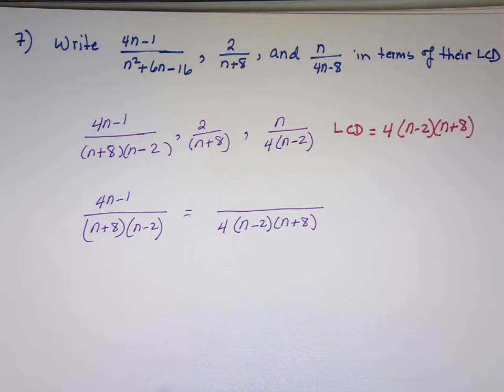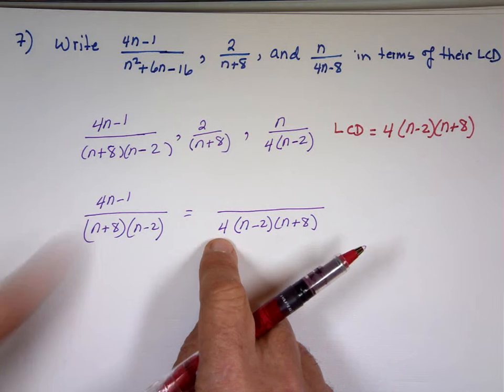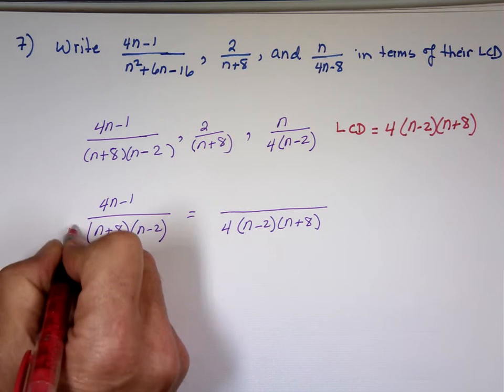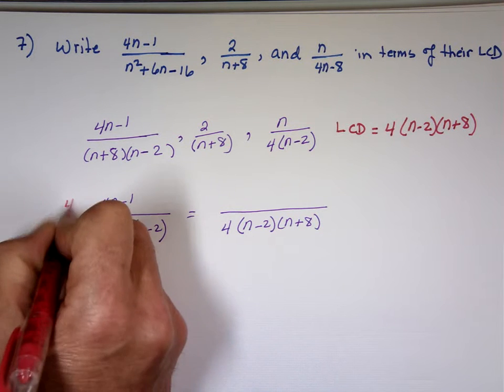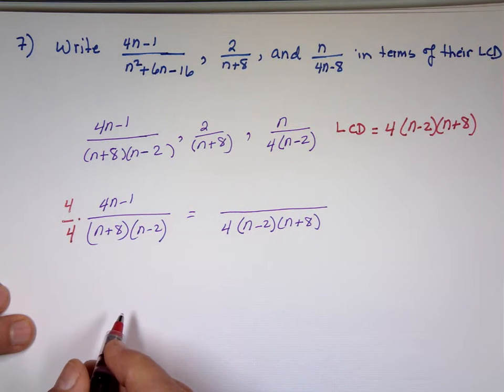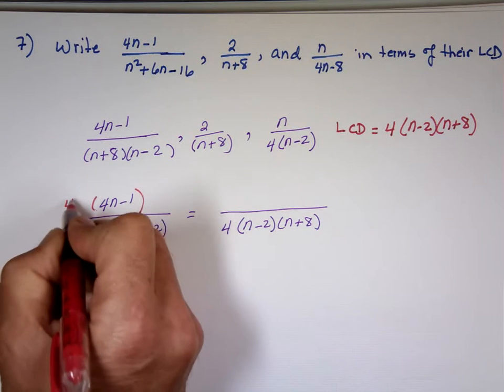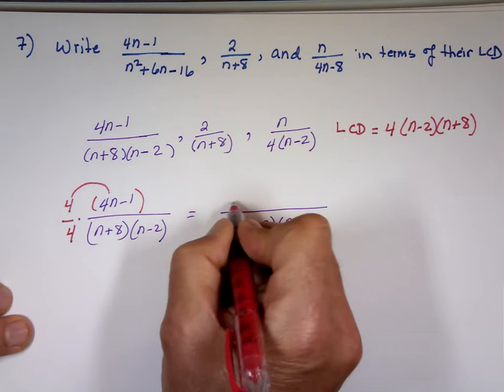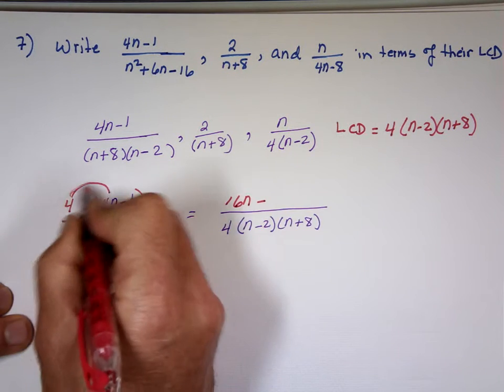Well, you get the n plus 8, you get the n minus 2, but you don't have the 4. So you need to multiply the bottom by 4. But if you multiply the bottom by 4, that means you're going to multiply the top by 4. So let's go ahead and multiply the top by 4. What's 4 times 4n? 16n minus what? 4.